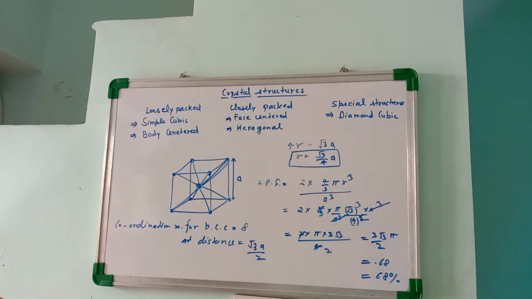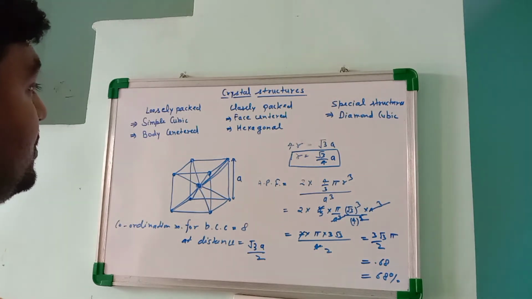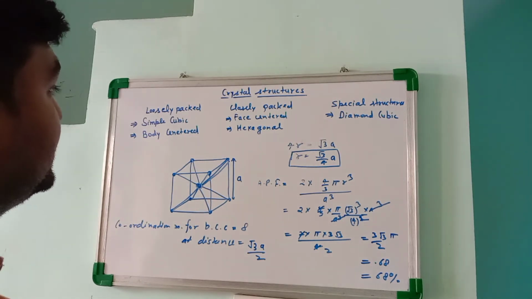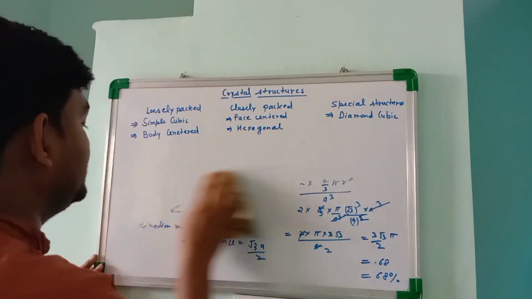Now we will further discuss the coordination number and atomic packing fraction for closely packed structures. These are face centered and hexagonal structures.